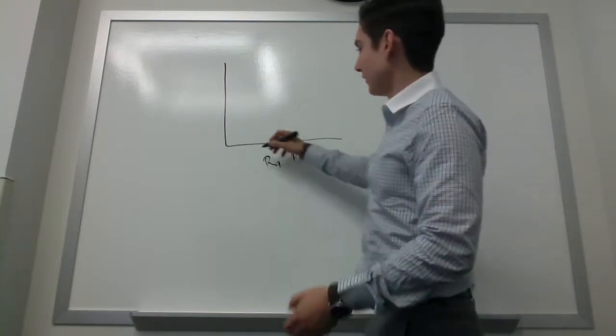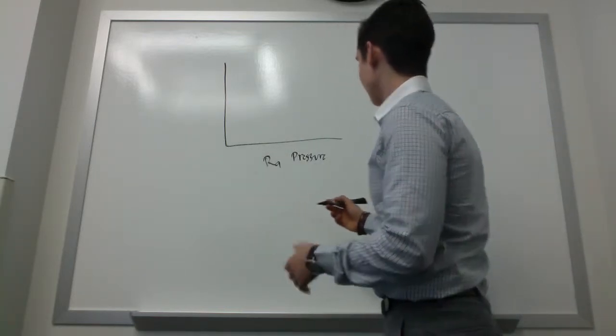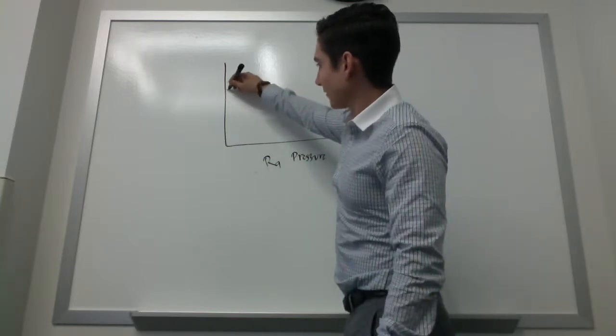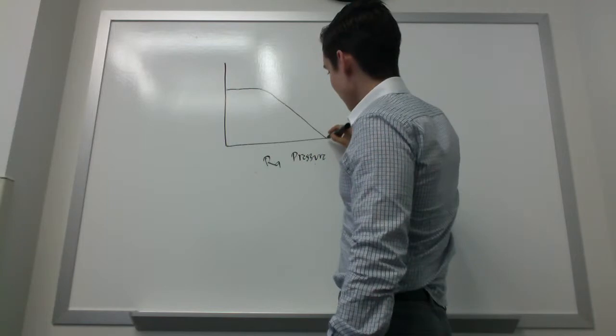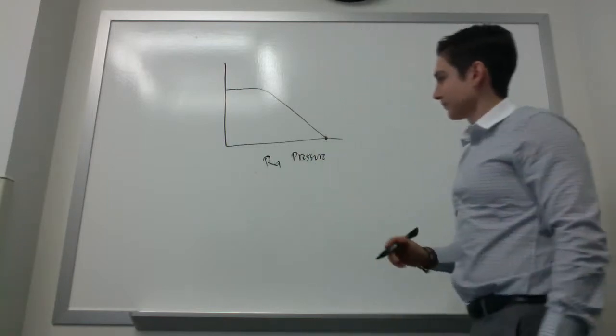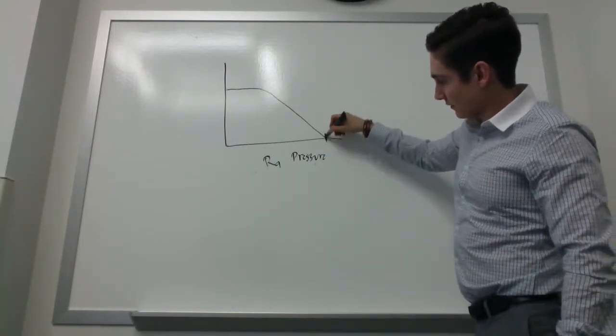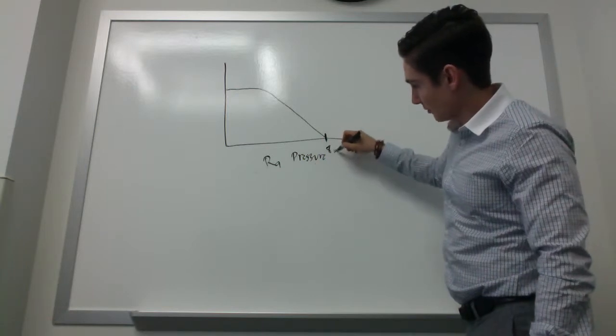So what you'll see is a graph like this, and it'll basically go at a regular rate, and it'll cross at a point right here, and say this is 8 millimeters of Hg.